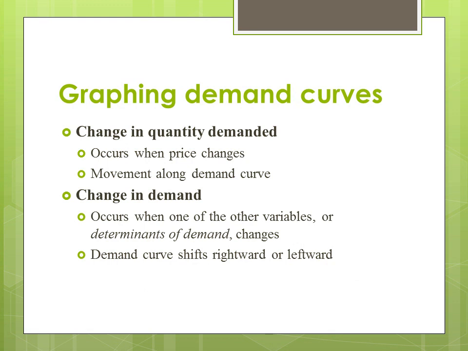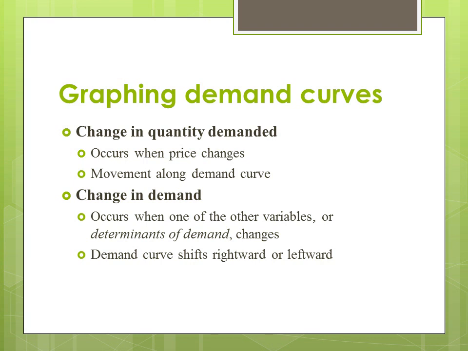Graphing demand curves. Change in quantity demanded occurs when prices change. So when price increases, a change comes in quantity demanded, as I said in the previous slide. Movement along the demand curve. The demand curve may shift upward or downward.